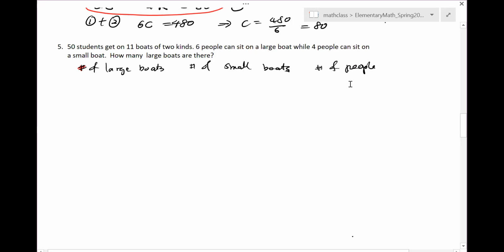Okay, let's figure it out. Assuming they are all 11 large boats, 0 small boats, because every large boat can have 6 people, so the total is 66, right? 11 times 6. But we have 50 students.